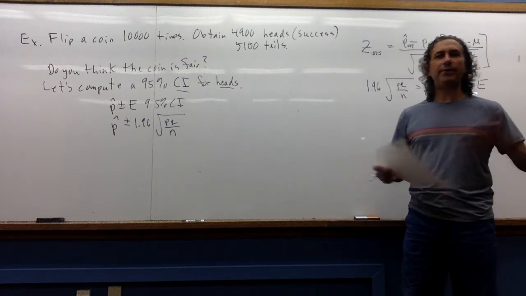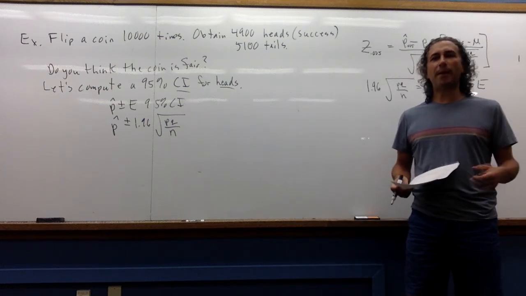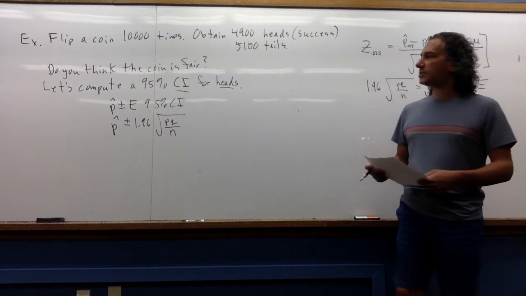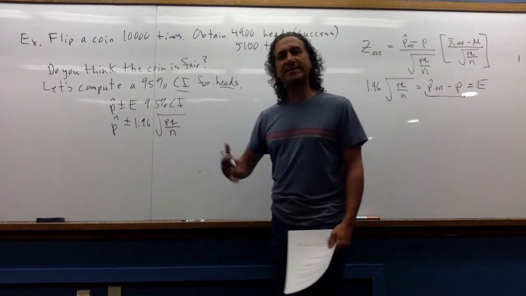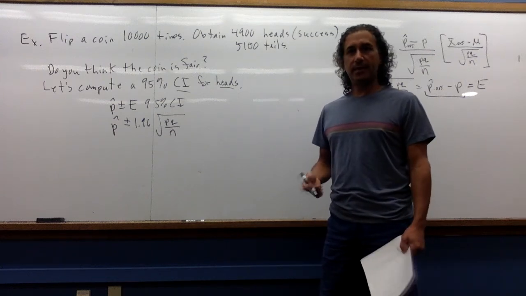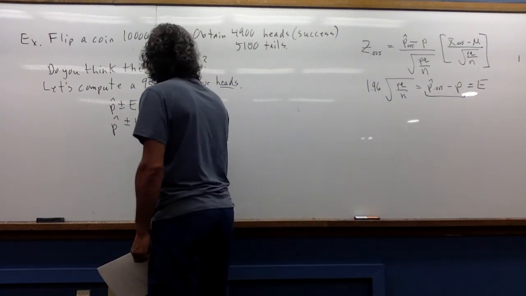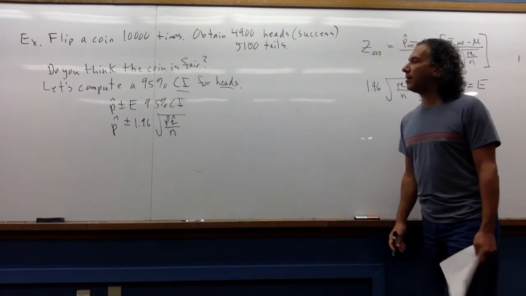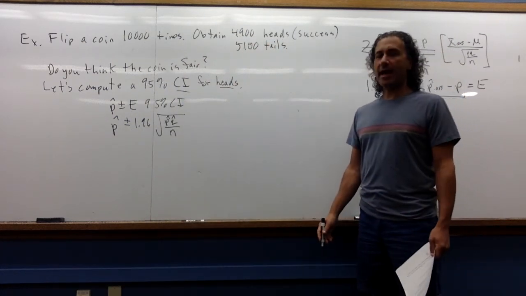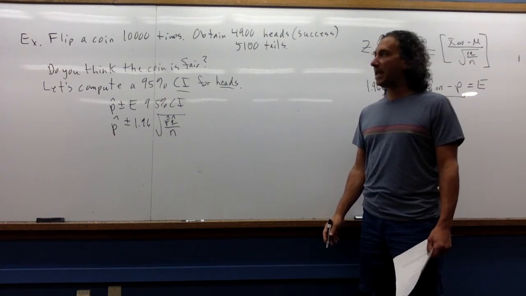In fact, if I knew P, I wouldn't go through this process. P is the true population proportion. So to solve that problem, instead of using P, we could use our best estimate for P. And you guessed it, that would just be p hat and q hat. So this will be our 95% confidence interval.